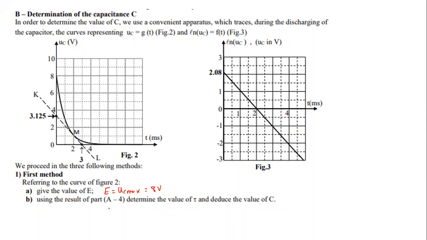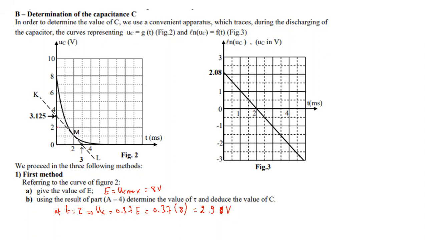In part A4, we said that at t equals tau, we have uC equals 0.37 E, which means 0.37 times 8, the maximum voltage. So we get as answer 2.96 volt. This is at t equals tau.